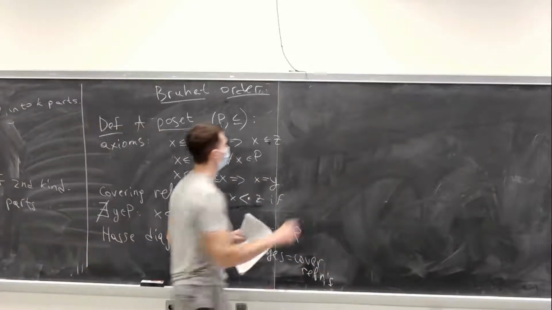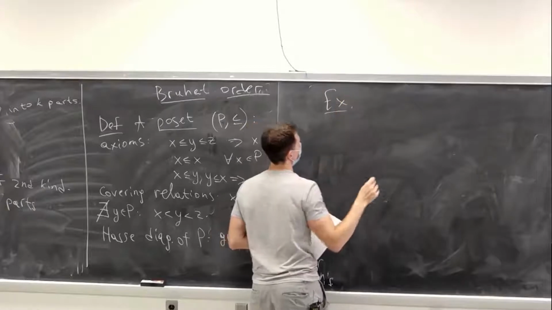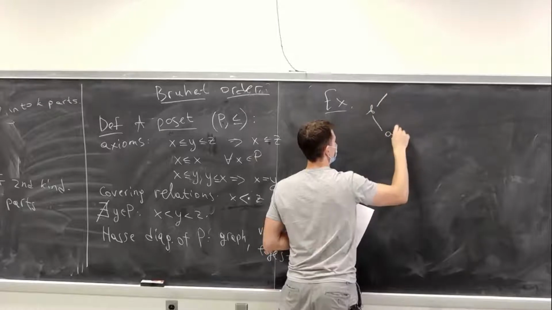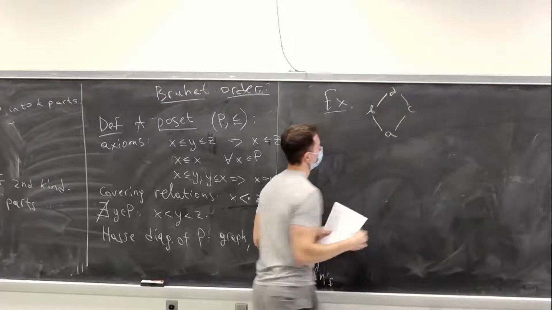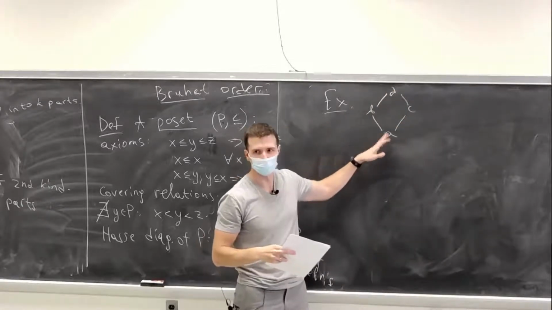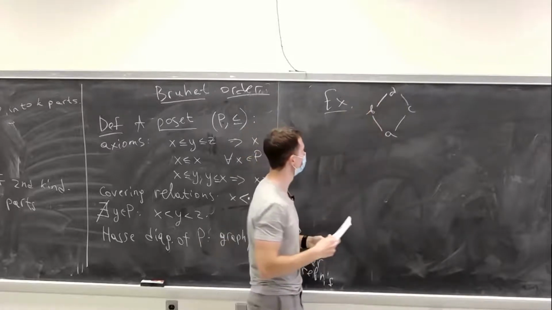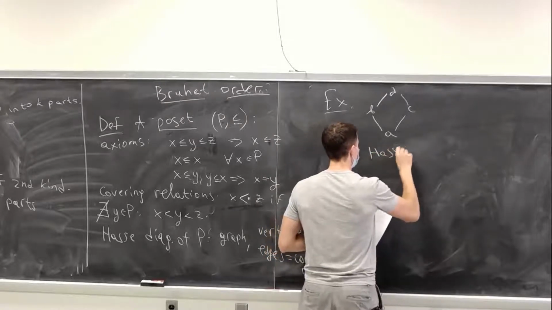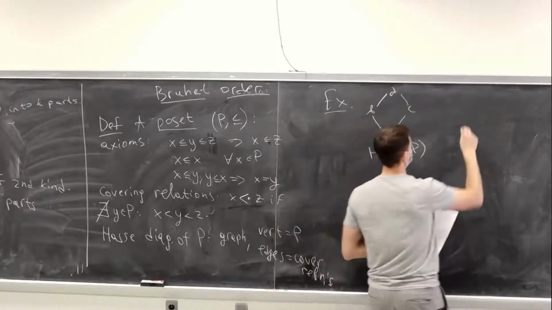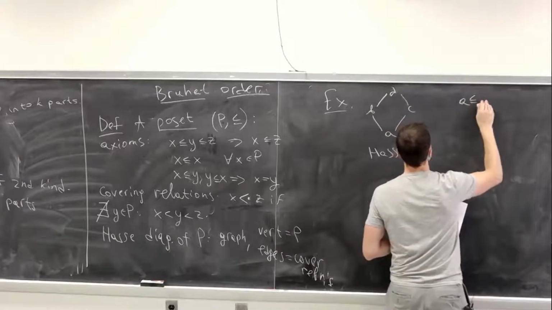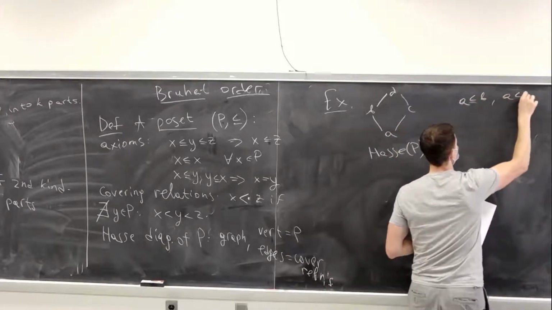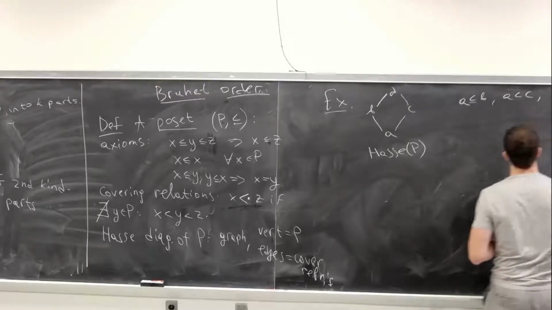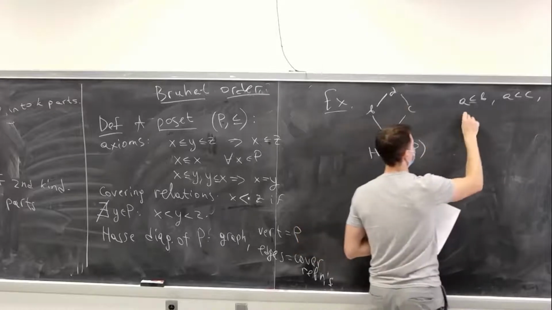For example, I can draw you a Hasse diagram. Usually it's drawn with the smallest elements at the bottom, and it's all directed upwards. So this Hasse diagram here encodes a poset which is given by A less than B, A less than C, B less than D, C less than D. But B and C are incomparable.